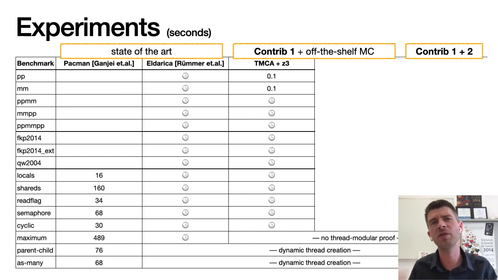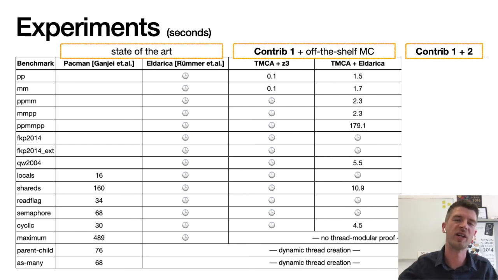So we thought, what if we use a model checker that has a bit more refined way of dealing with interpolation queries and refinement predicates? And we chose to combine TMCA with the off-the-shelf model checker ELDWICA, this time applied to the already TMCA abstracted program.